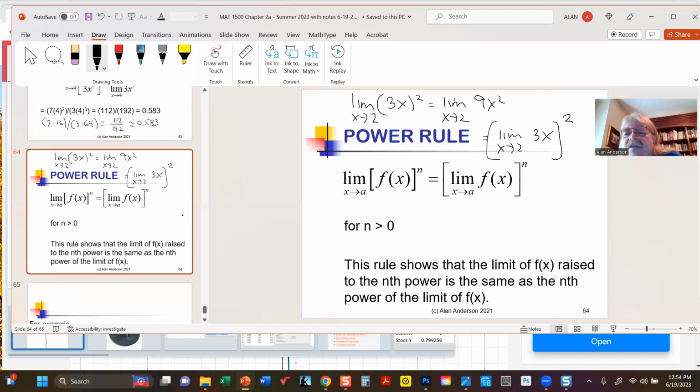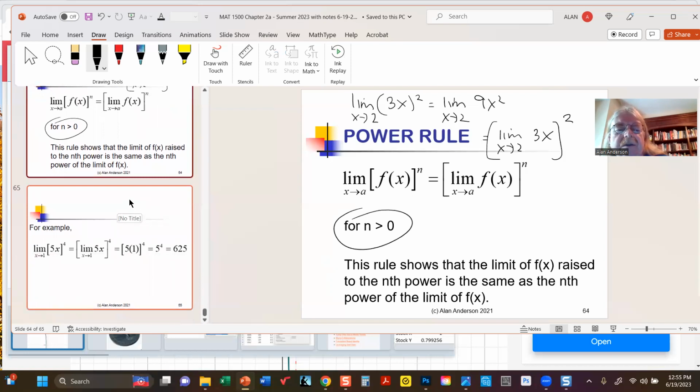And either way, I'll get the same thing. Now, just be aware this only works for strictly positive n. And you might say, what's the big deal? What's the difference? Well, there might be cases where one of them is easier than the other. So it may be convenient to do one versus the other.